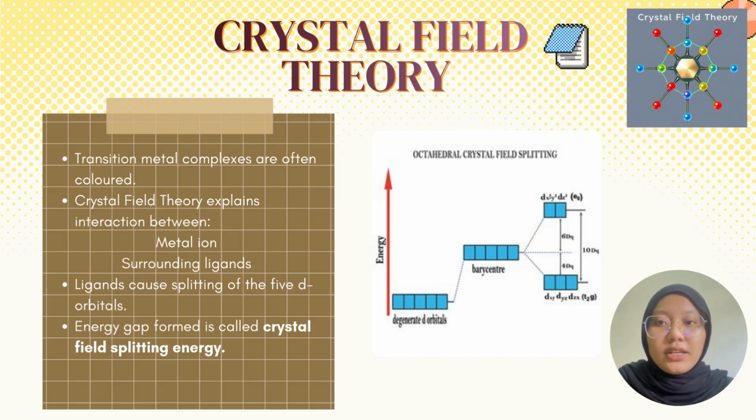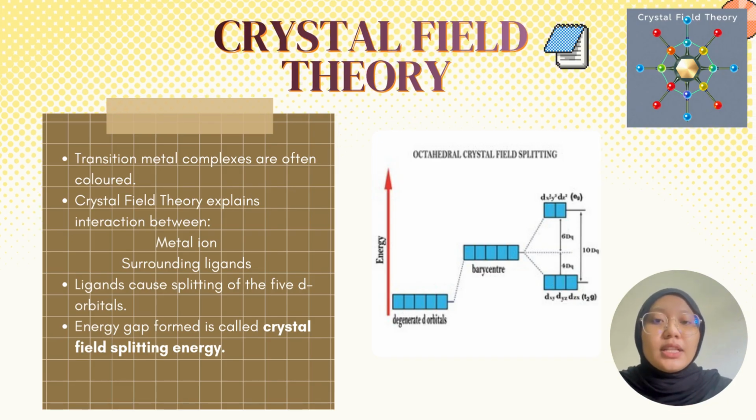This interaction causes the 5d orbitals to split into two different energy levels instead of remaining degenerate. The separation between these two energy levels is known as the crystal field splitting energy. This splitting is the key factor that links crystal field theory to the origin of color in transition metal complexes.